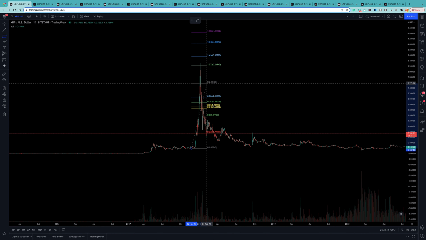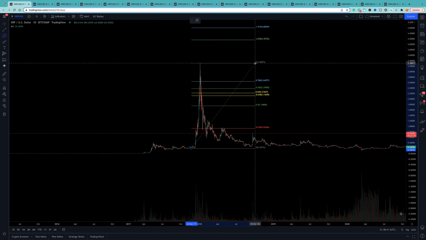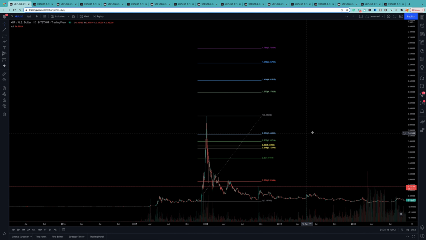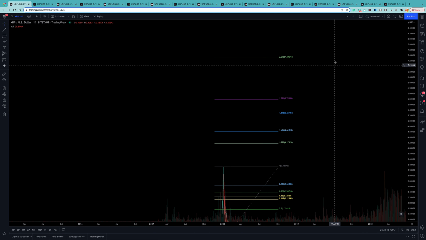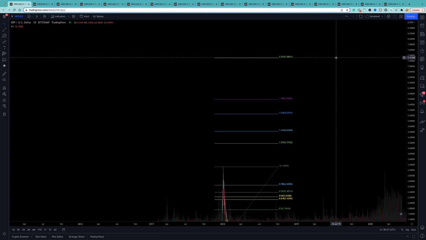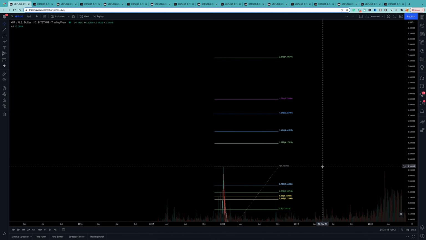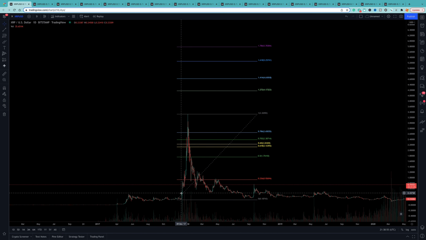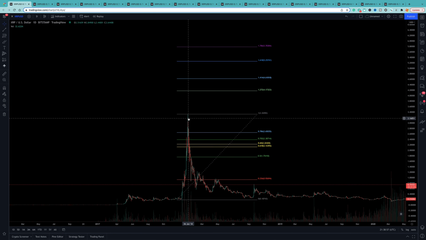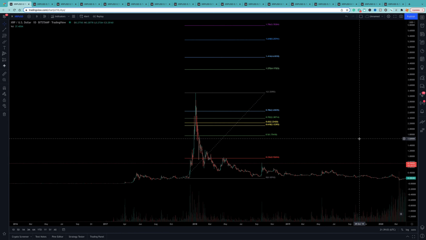So there's the fib there to there, because that's the all-time high. Now the 272 here is $7.31. Okay, so now again that will be more realistic to this point here, yeah.